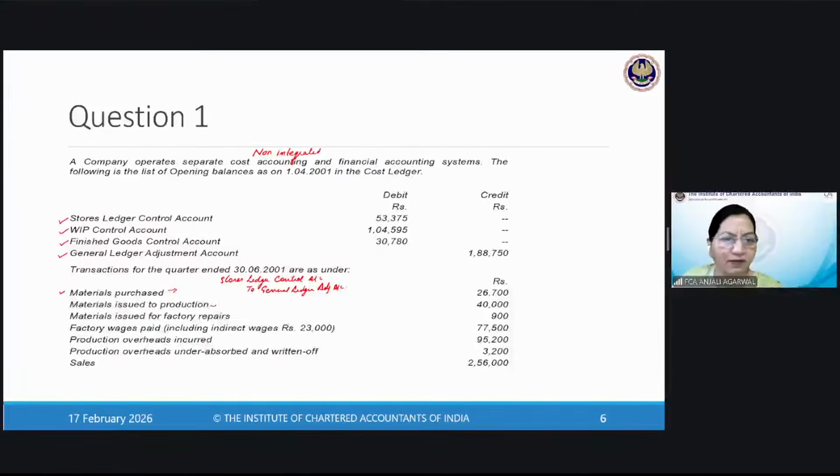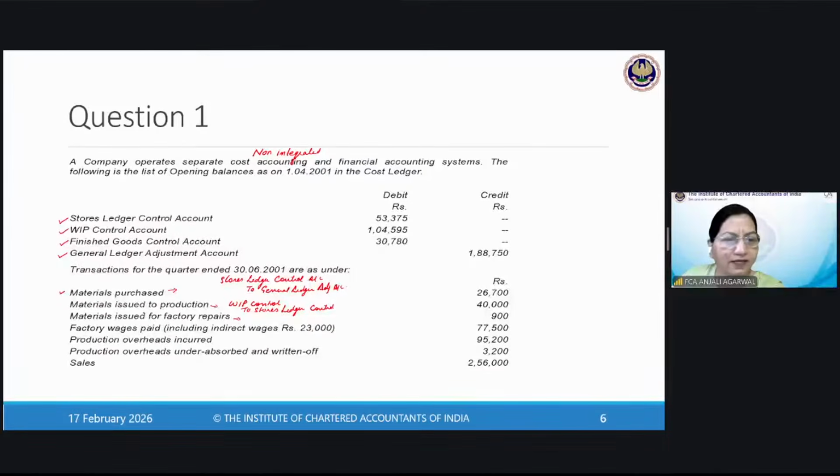Next, what is happening? The material is moving from stores to production. So what is the journal entry for that? WIP control account to stores ledger control account, right? 40,000. So 40,000 of the stores is moving to production.